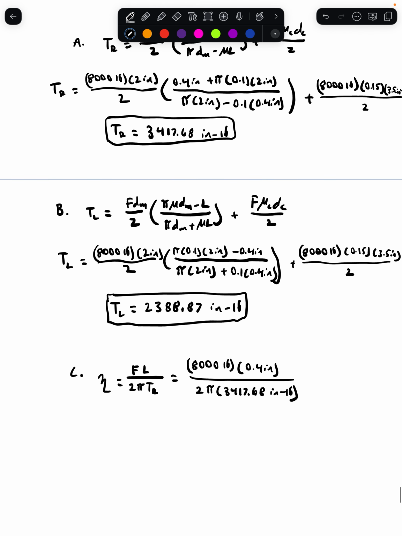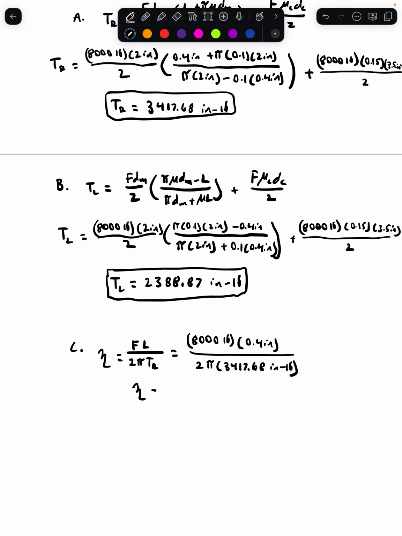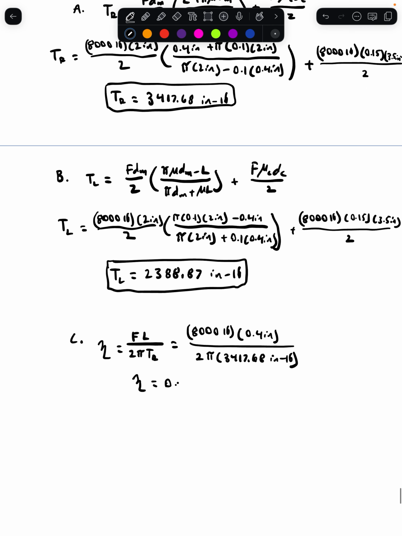So my units are all going to cancel out, which I would expect since we're solving for efficiency. So that's going to come to 0.149 or 14.9%.